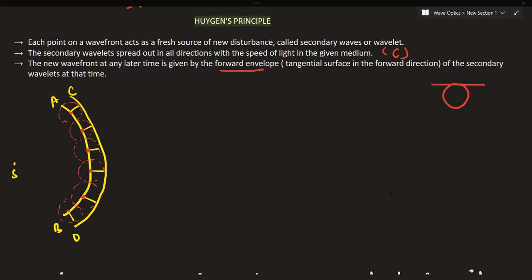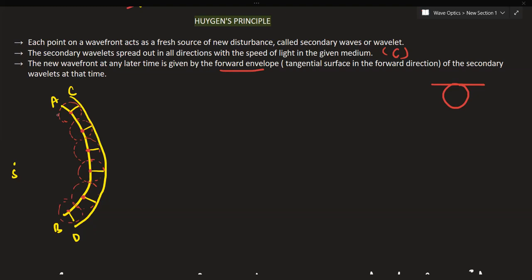Okay, one more thing. I can also draw a wavefront on this side also. Why have I only drawn the wavefront CD on the right hand side? If the point was to draw envelopes that are tangential, then these points are also tangential. Then I could have drawn these also. Any idea? It's given only by the forward envelope.